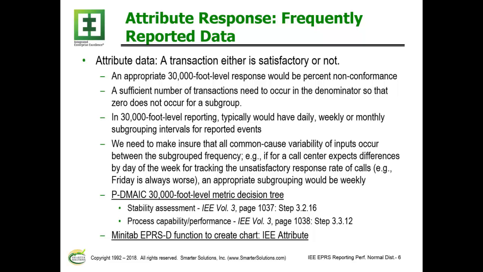So for this case, step 3.2.16 will help us determine how we should assess process stability, or what methodology we should use to determine if the process is stable or not. Then secondly, the process capability performance is in step 3.2.13. Now in the EPRS function, we use the option IEE attribute.